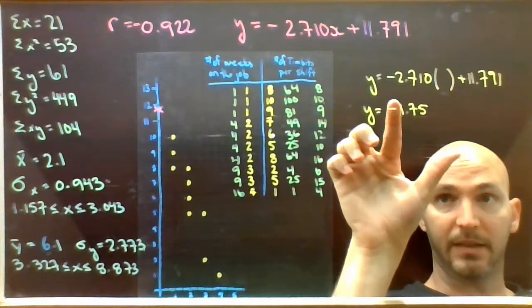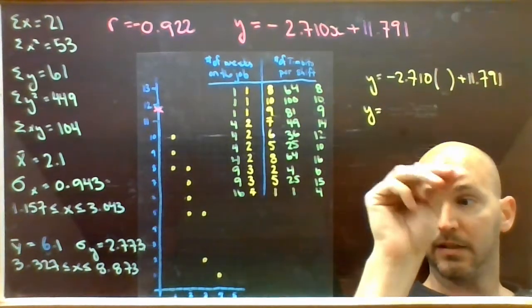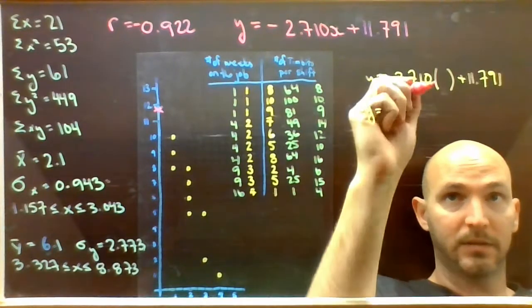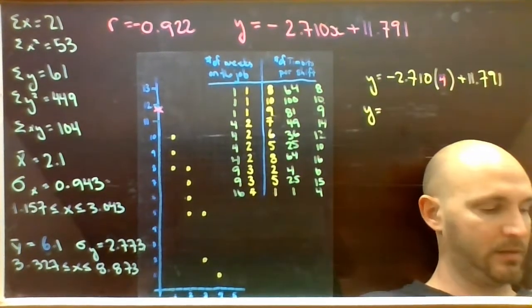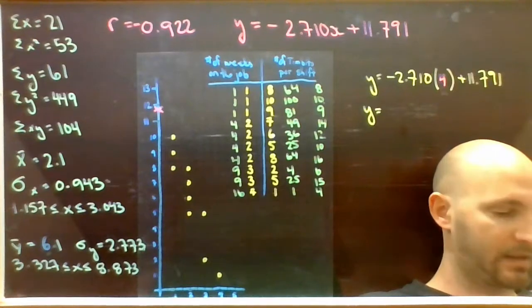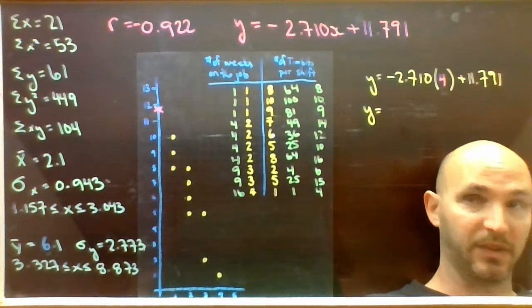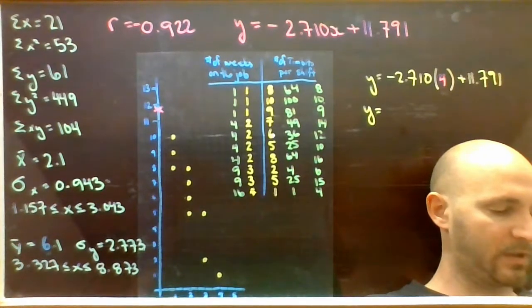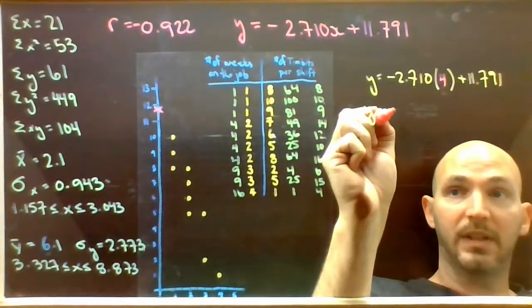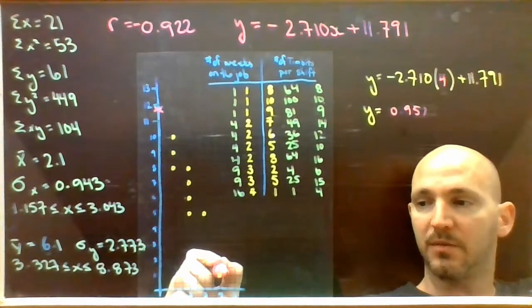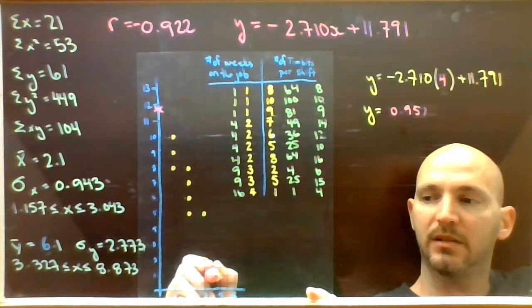Let's go with 4. 11.791 minus 4 times 2.71 is 0.951. So 4 and 0.951 is about here.